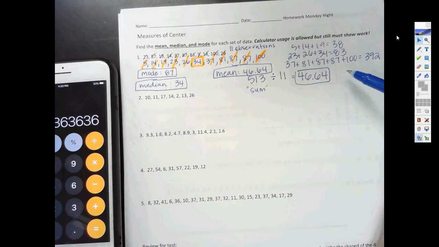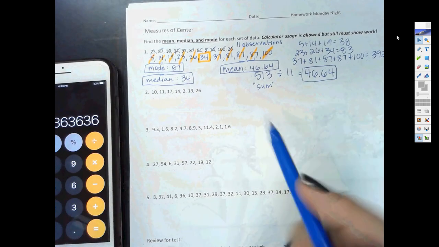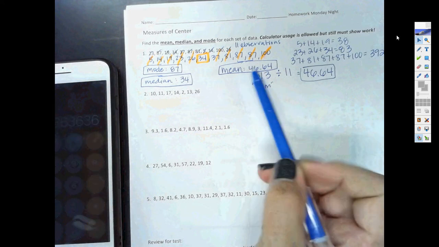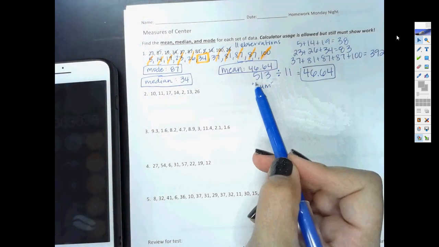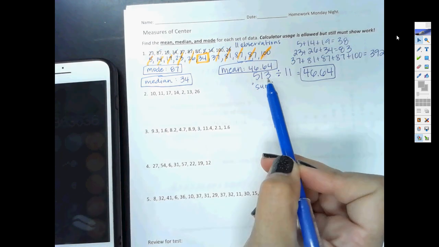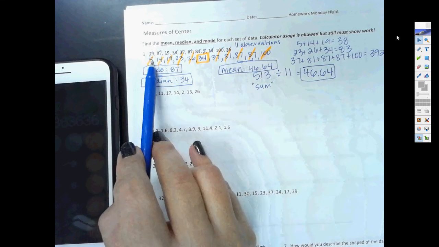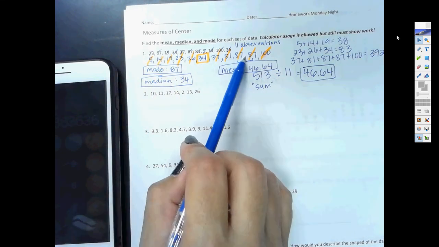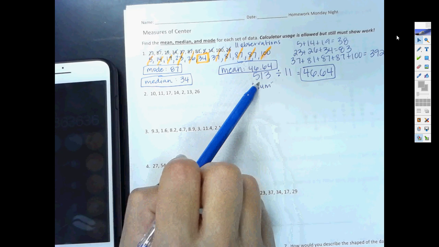The last thing I want to say is when you are finding the mean, and let's say I forgot to divide and my answer was 513, there's no way 513 could be my average when my numbers only range from a 5 to 100. I couldn't have an average of 513.